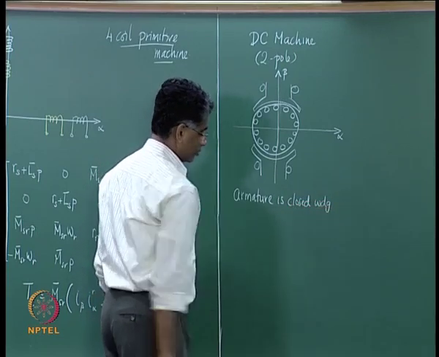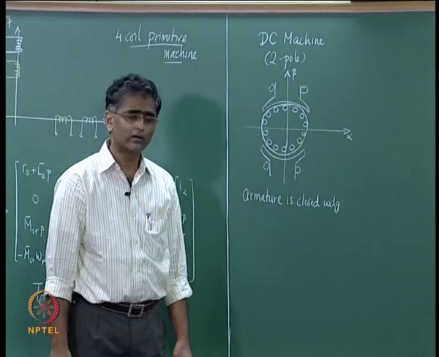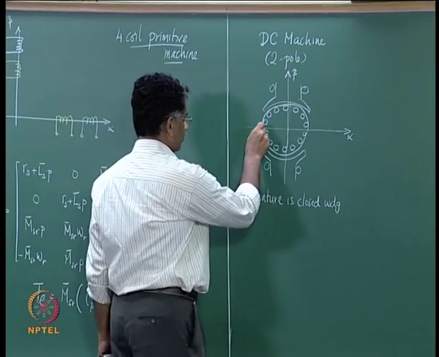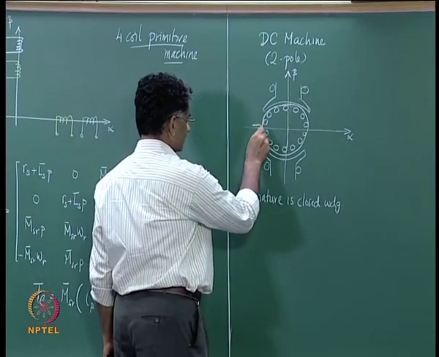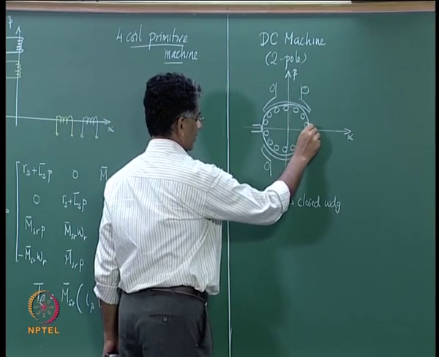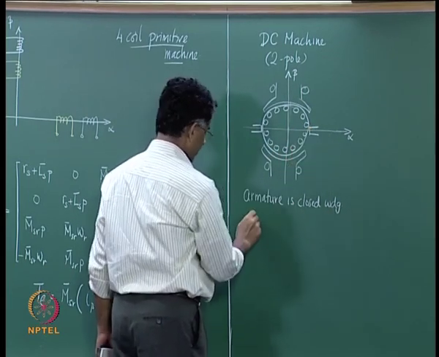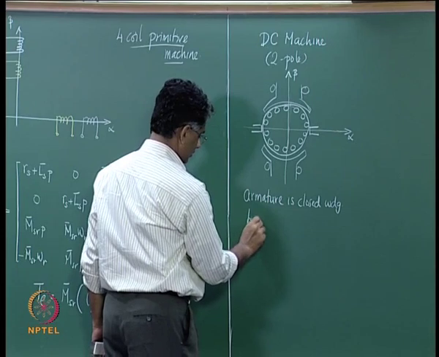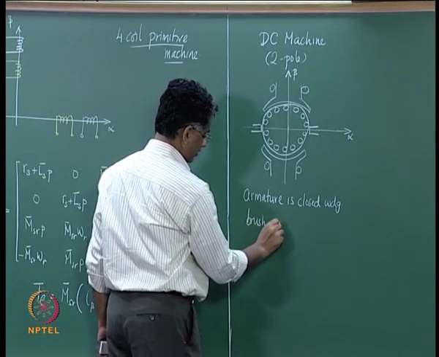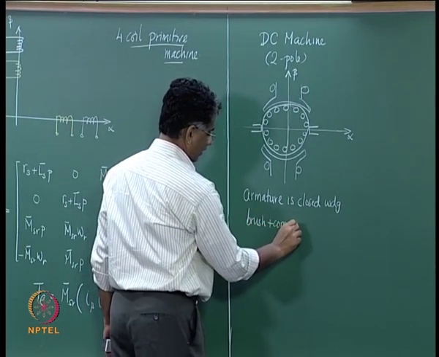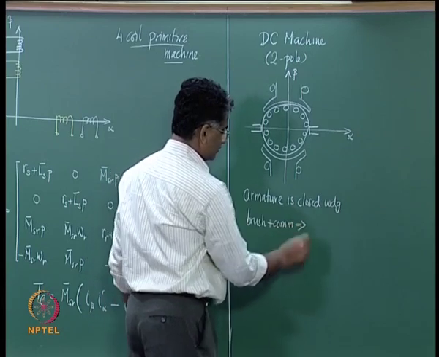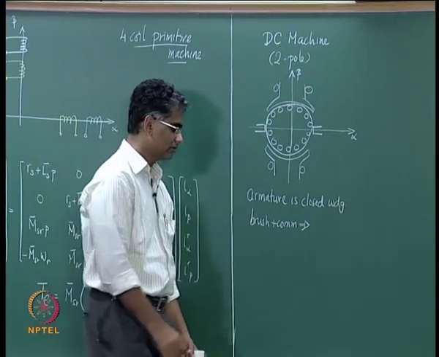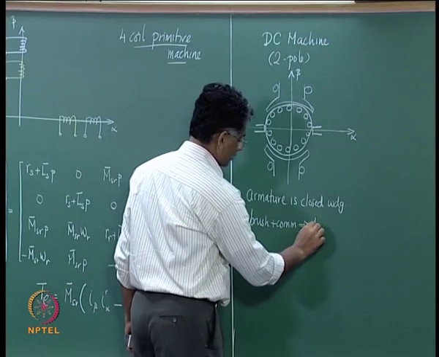It is closed upon itself, and because of the placement of brushes and the arrangement of the brush plus commutator arrangement, it enables the armature to behave like two paths.